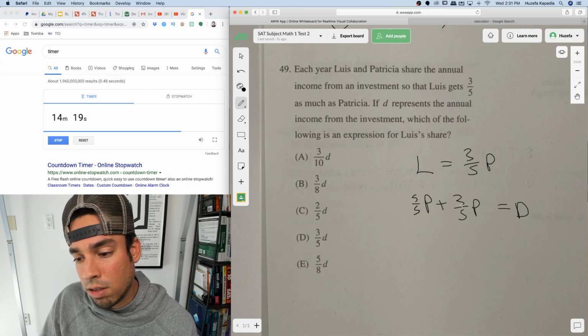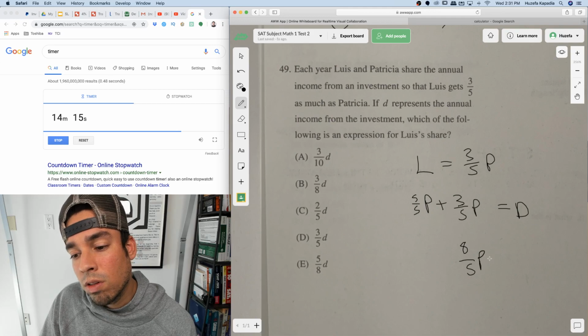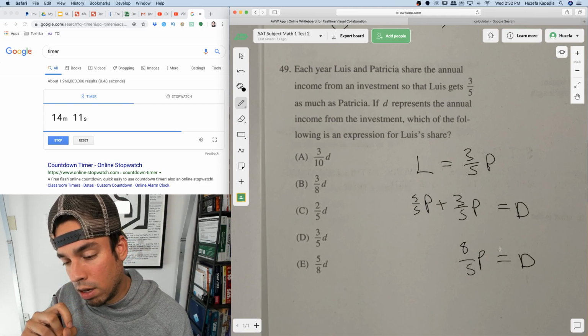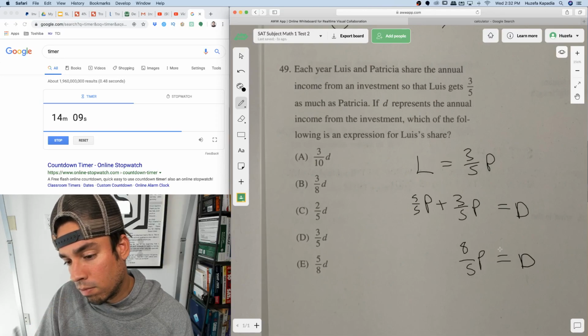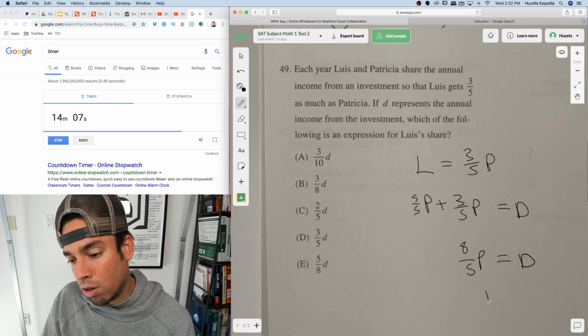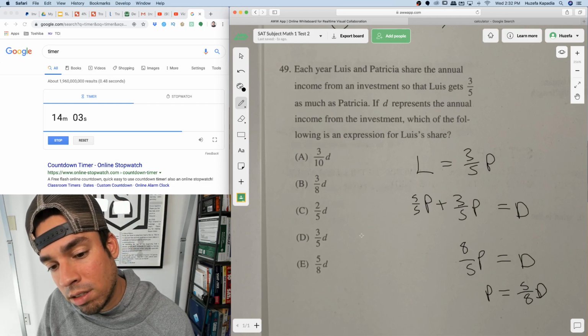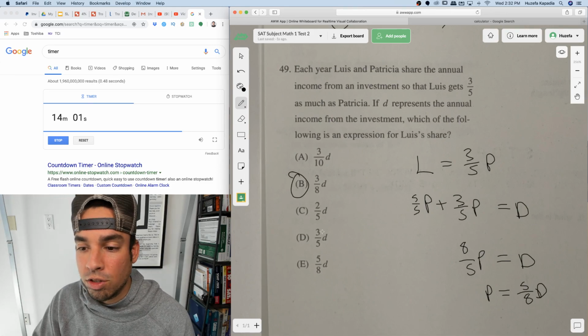So then they've got 8/5 total equals D. And then Patricia's share would be 5/8 D. So it's obviously 3/8 D is Lewis's share.